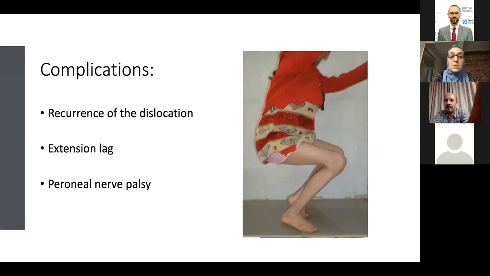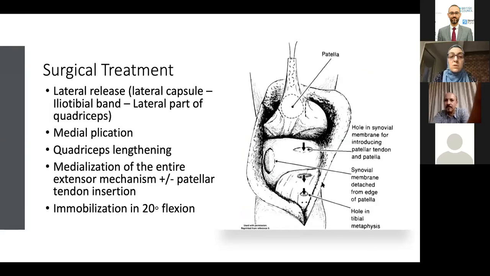Okay. I was explaining the Langenskiöld technique, the original technique, where he used to remove the whole extensor mechanism, of course lengthen the quadriceps tendon proximally, but transfer the patella from its original lateral side to a more anterior position, and then reinsert the patellar tendon into a more medial position on the front of the tibia.